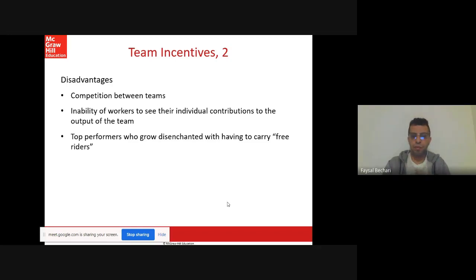The top performers grow disenchanted with having to carry free riders. So sometimes within one team, the top performer is not happy with the free riders, people who don't work. It's like you guys, when you're doing your assignment, some of them don't respond or don't work.